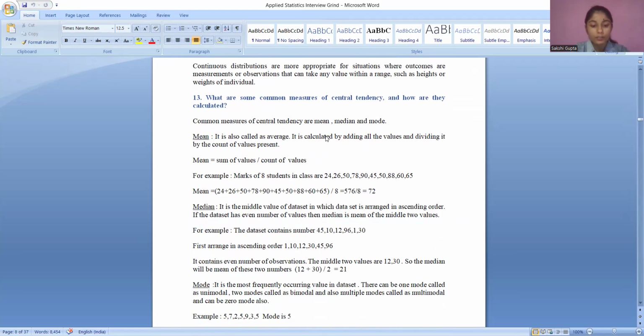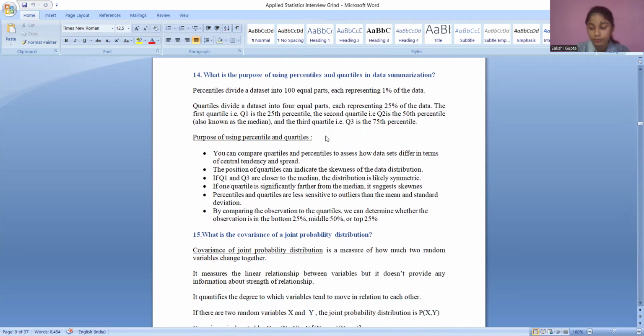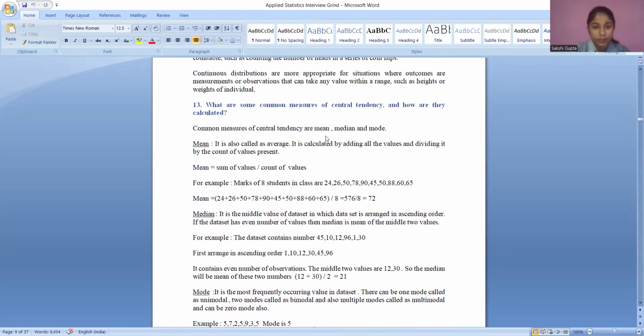Now moving to the fifth question. What are some common measures of central tendency and how are they calculated?